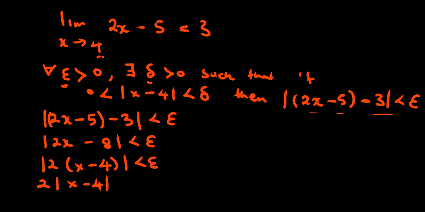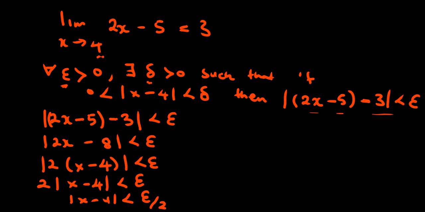Then that will be less than epsilon. So now I can see that here I have 2, and I can divide throughout by 2. So I have a modulus of x minus 4 less than epsilon divided by 2.